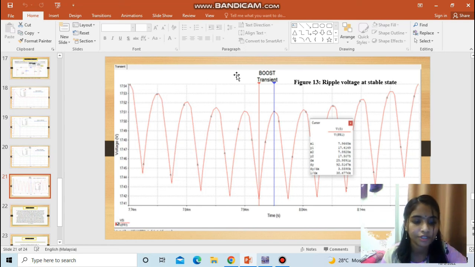And then we proceed with the ripple voltage at the stable stage. Ripple voltage occurs when the gap in the graph becomes stable. At the stable stage, the voltage ripple difference is only around 100 millivolt.